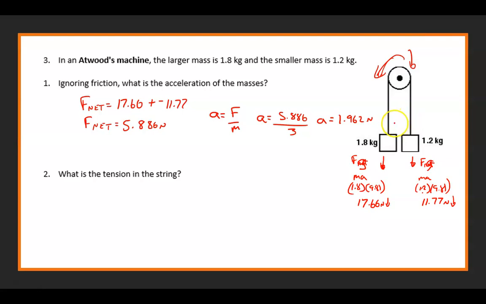So let's just choose one. We're going to choose this one just really because. And so we've got a 1.8 kilogram mass with a force of gravity going down at 17.66 and a tension. We know that its acceleration is 1.962 newtons downwards.